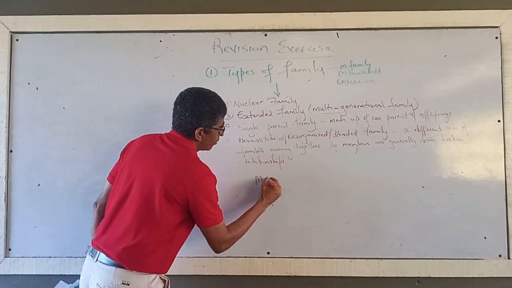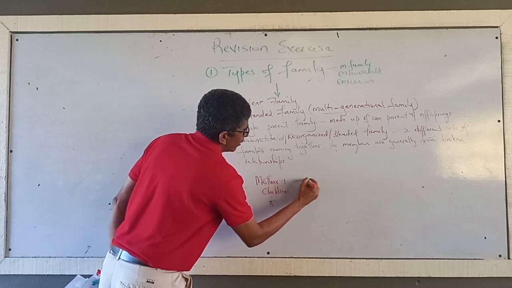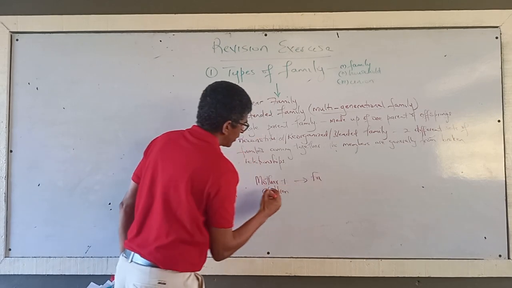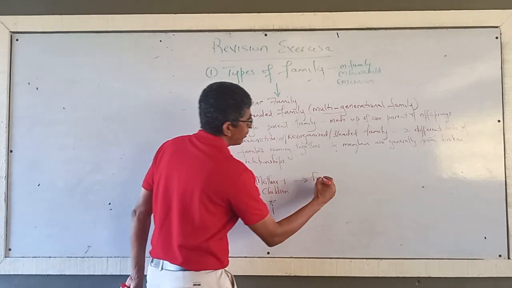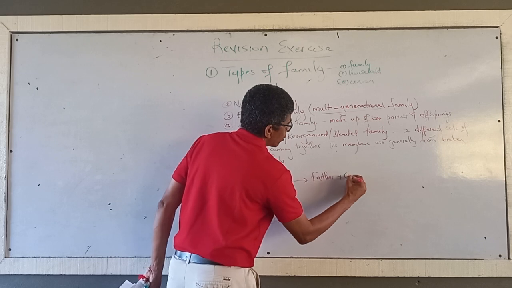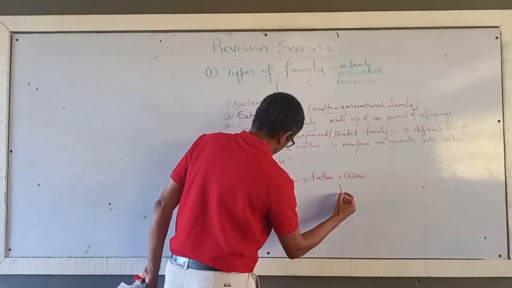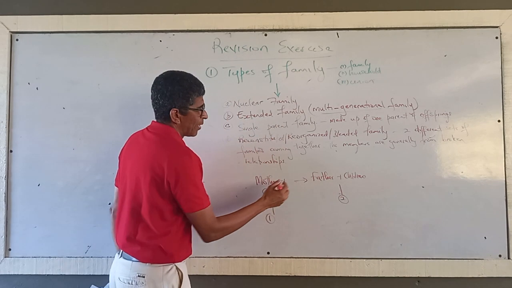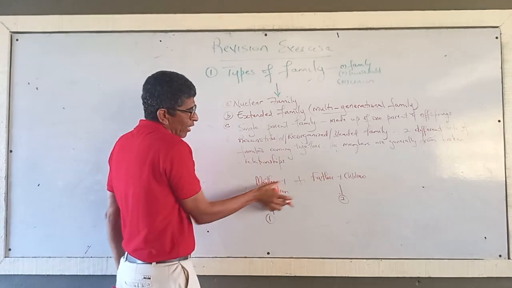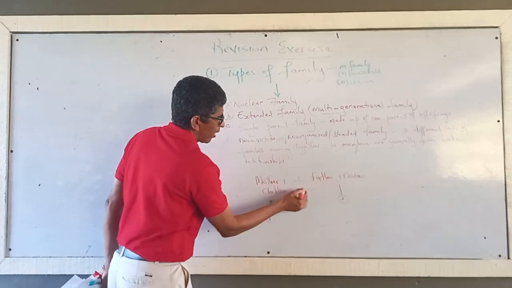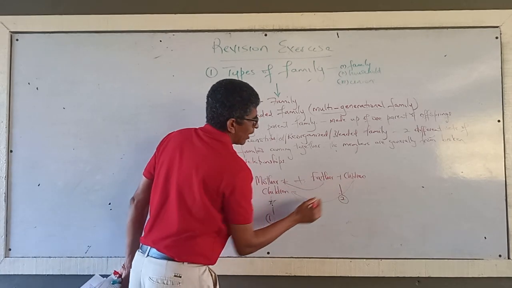So mother plus children, coming from one type of family unit, meets father plus children. This is the second, and they meet together. Let's say they get married, and they come into a union. So mother and father meet, and they bring the children into the union.